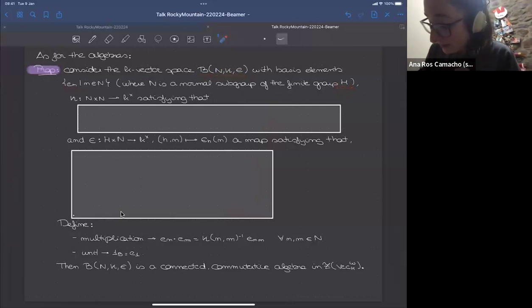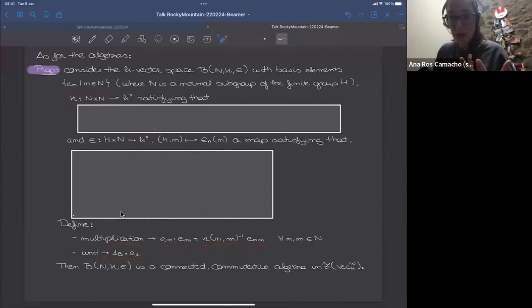This kappa here is just some function for now, going from 2 copies of this normal subgroup into the field without zeros, and epsilon going from the subgroup and the normal subgroup of the subgroup into the base field without zeros, and we define the multiplication between these basis objects with some function here, multiplying everything in a very simple way, and this is the unit.